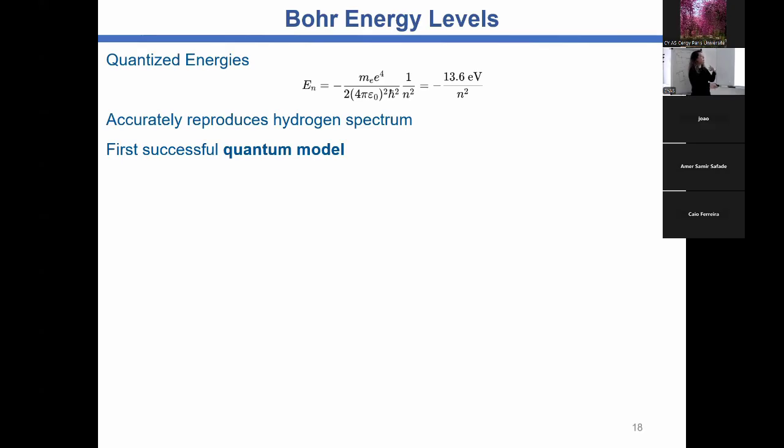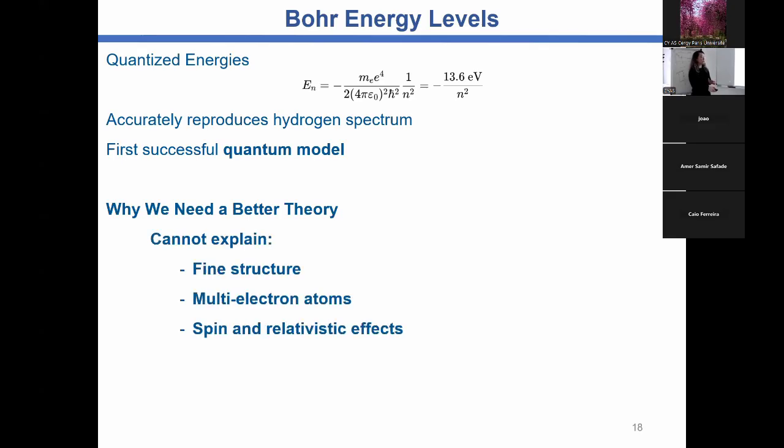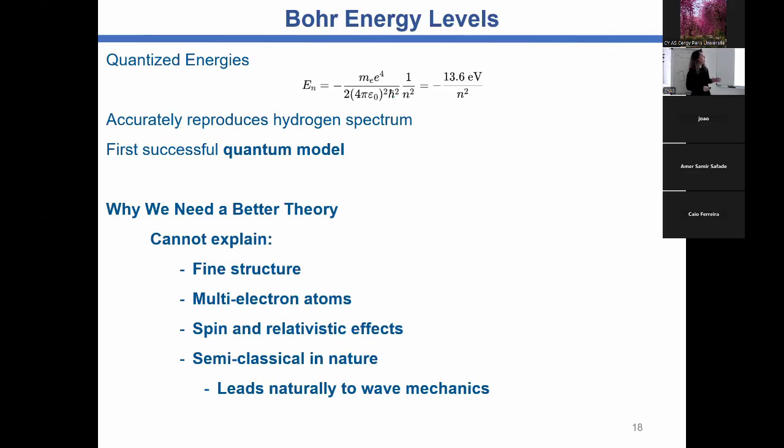But in that time, and nowadays, to start to understand quantum mechanics it is nice to mention it. For hydrogen, replacing the constants that I gave earlier, we have this quantization of energy for the electron in the orbital, and this was the first successful quantum model.